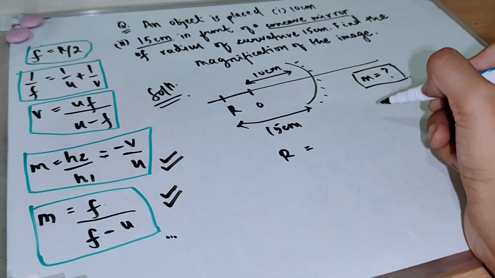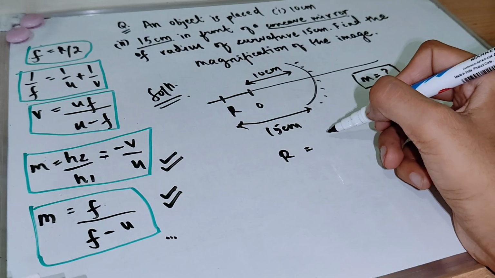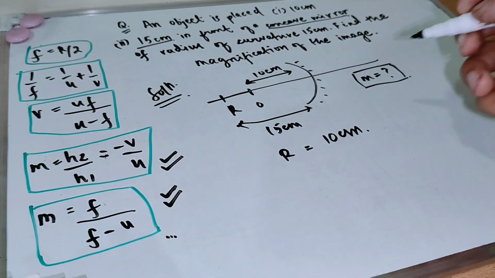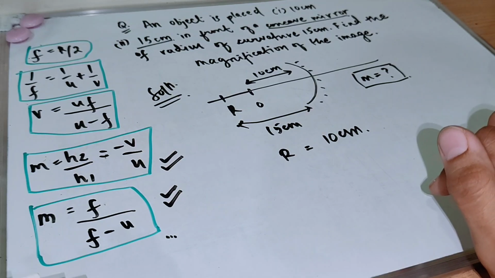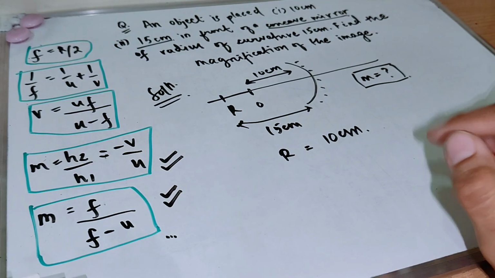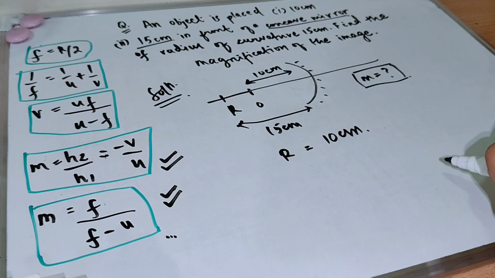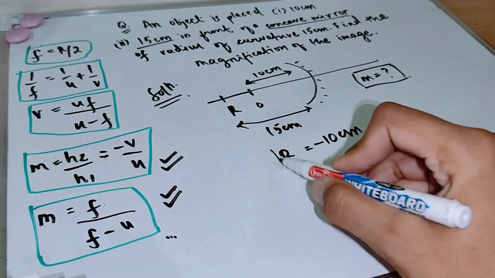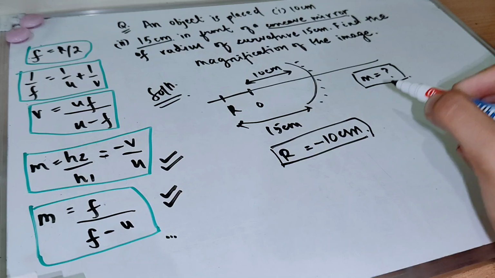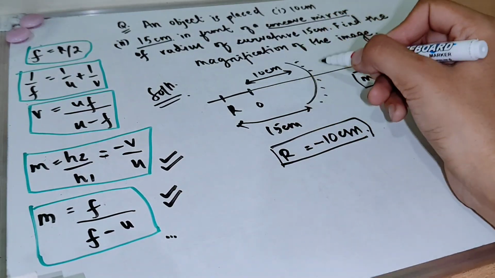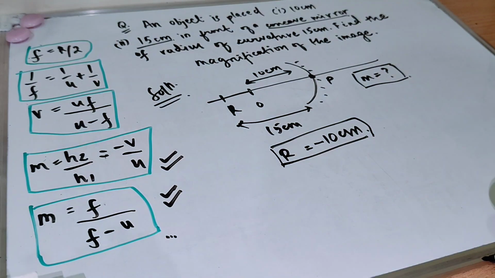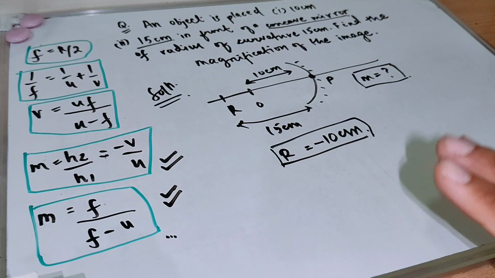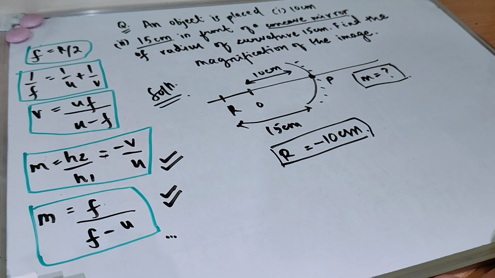I have r is equal to 10 centimeter, isn't it? Tell me, is it right? Is the radius of curvature 10 centimeter? No, it is minus 10 centimeter. Why? Because it is on the left hand side of the mirror. So I will take it as minus 10. It will never be given in the question that it is minus 10 or minus 20.